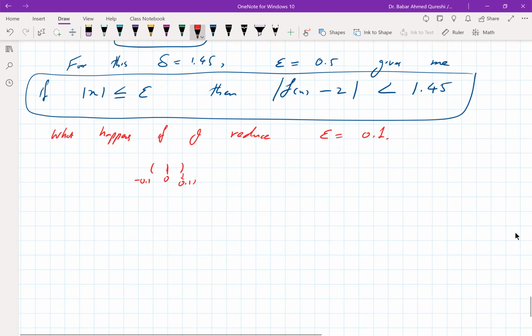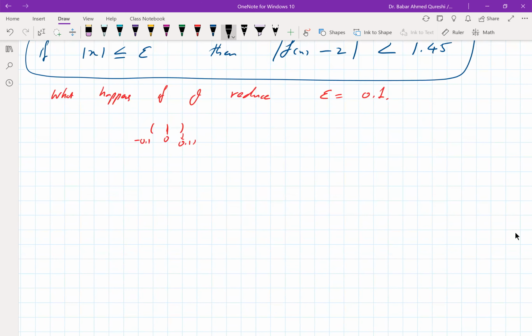So again, I can just compute, and if I just plug it in my calculator, I get 2.21, while when I put in minus 0.1, I get 1.81.